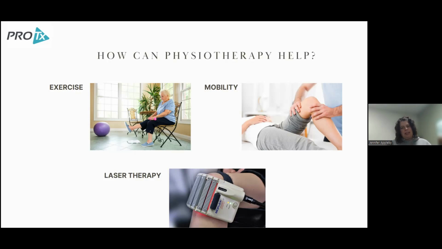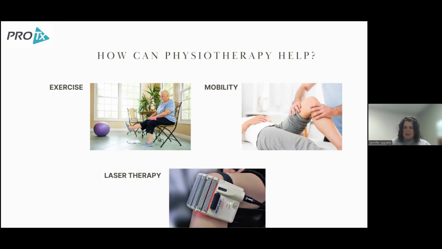As you can see in the picture, we put this light on you that pummels the cell with the energy that's required to increase the metabolism and speed up the cell's tissue repair. Along with this, you have improvement in the inflammation, and a decrease in pain because it affects your pain receptors.